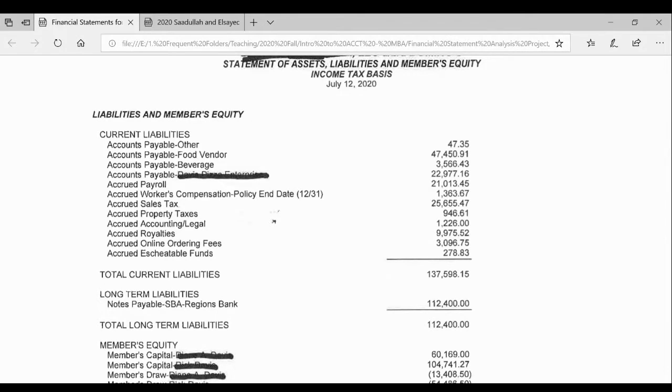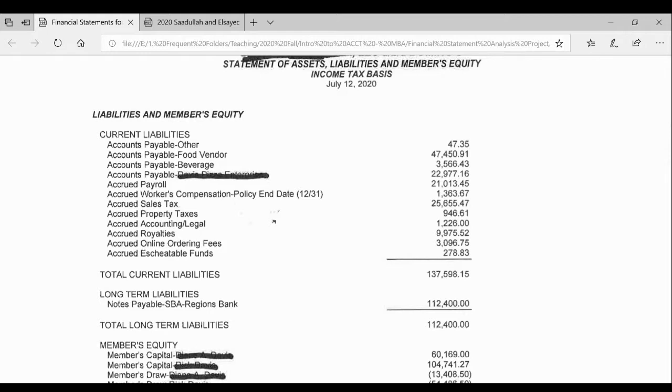So this is the accounts payable for this year, right? Food vendor, 47,450. So this is where they buy the food from. This is where they buy the drink from, right? We look at these numbers and we look at last year's to see, are these numbers close or are they very different? So it doesn't take a lot of time. You can do it in 5 minutes, right? Give you a pulse. Is that clear?